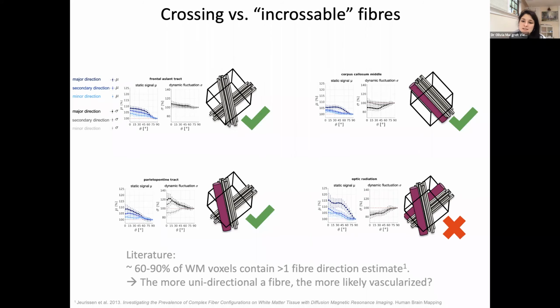But we also see examples like the optic radiation where multiple directions are present, and all of these directions carry dynamic orientation signatures. As mentioned before, we do not expect crossing vessels, and it would be interesting to see if this is really just a resolution effect and if it would dilute away if we go to increasing resolution, where we would sample fewer fiber and vessel directions in the voxel.